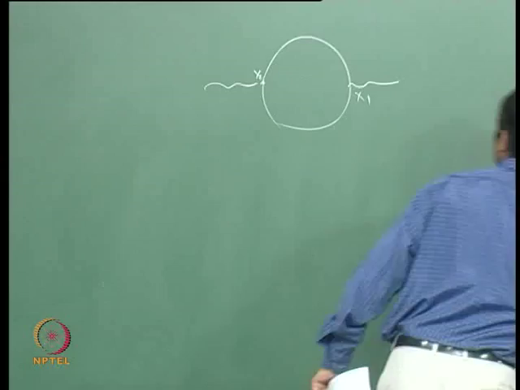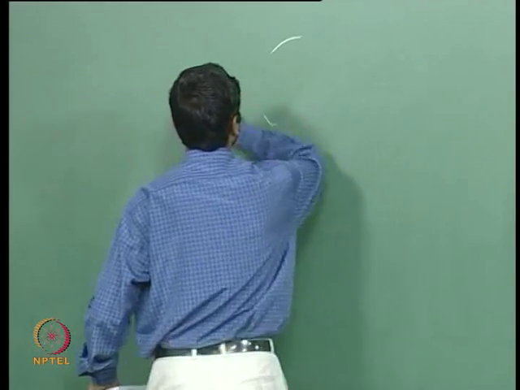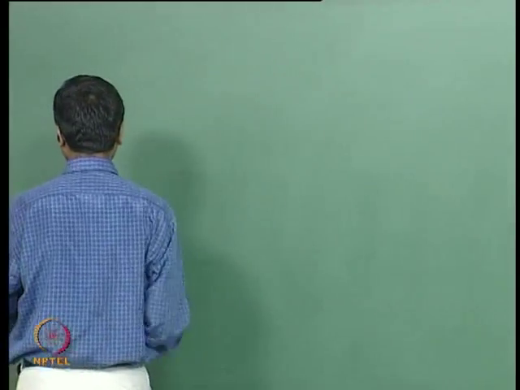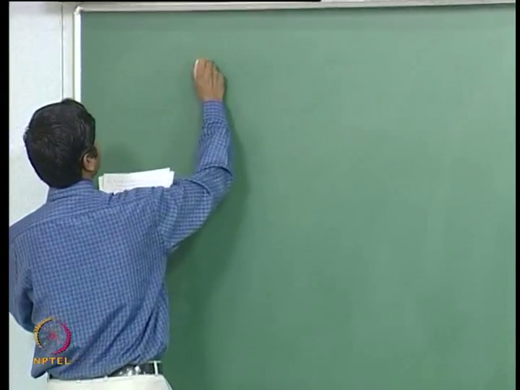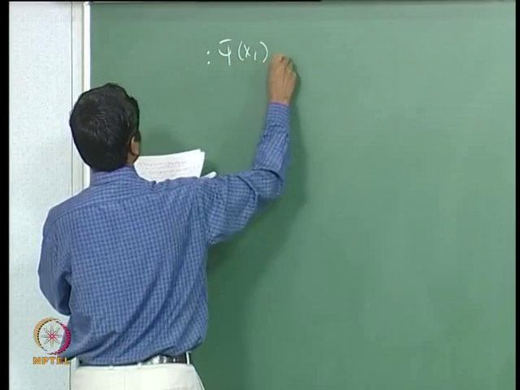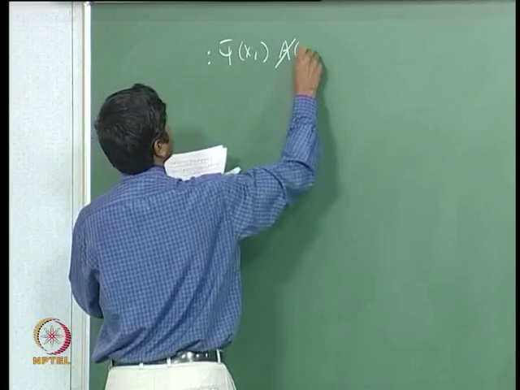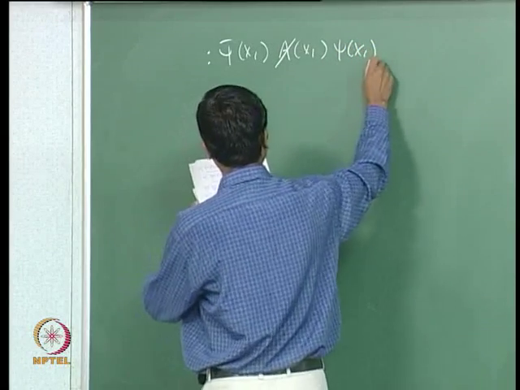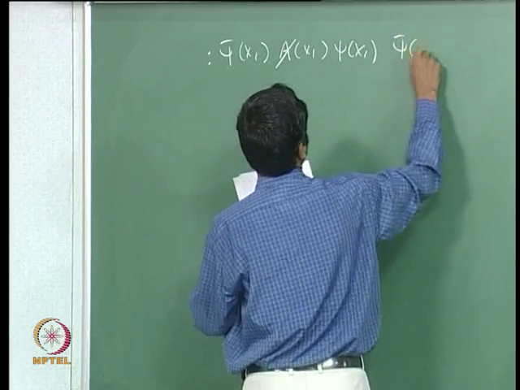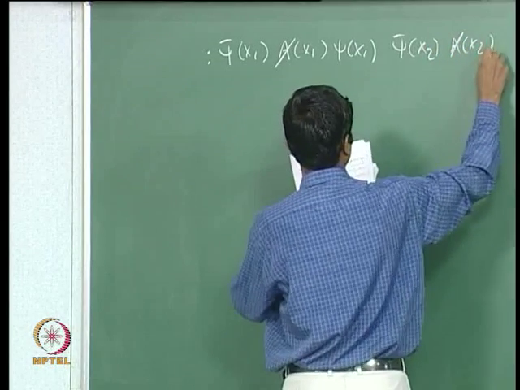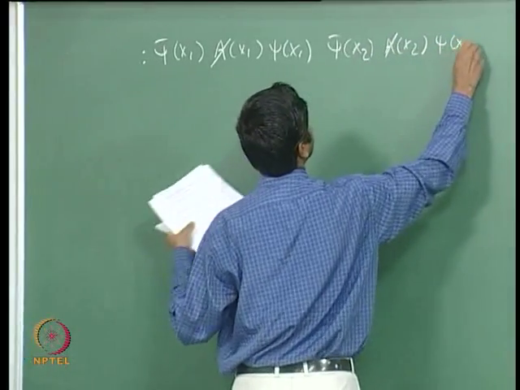Or to state it more clearly, what we have for the S matrix is this term, the normal ordered product of psi bar(x1) A-slash(x1) psi(x1) psi bar(x2) A-slash(x2) psi(x2).